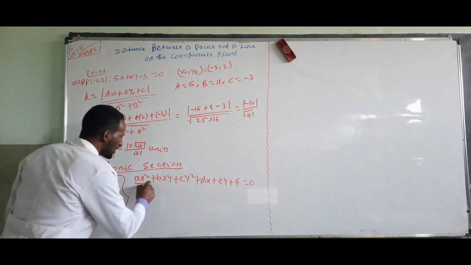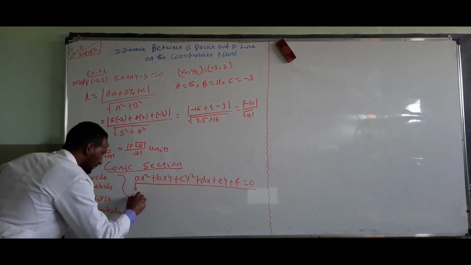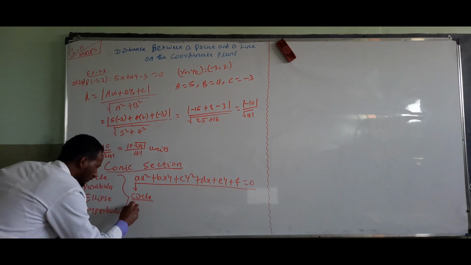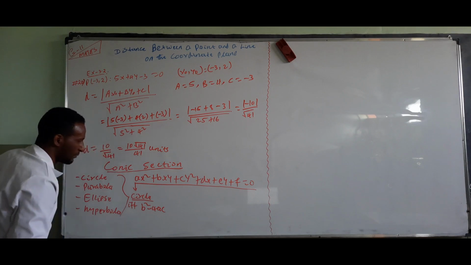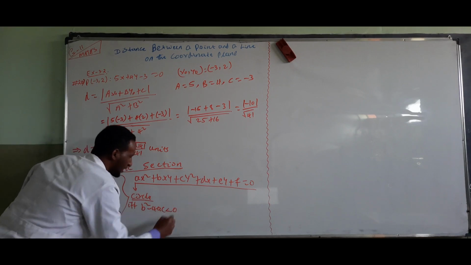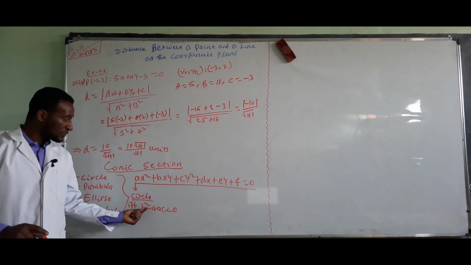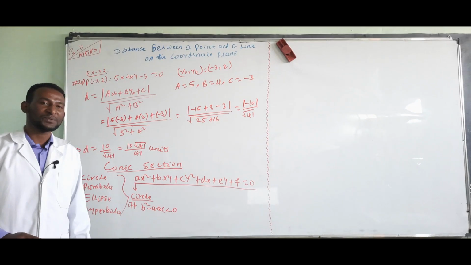Then this general equation of a conic section becomes a circle if and only if b square minus 4ac is less than 0. If b square minus 4ac is less than 0, it may be an ellipse.